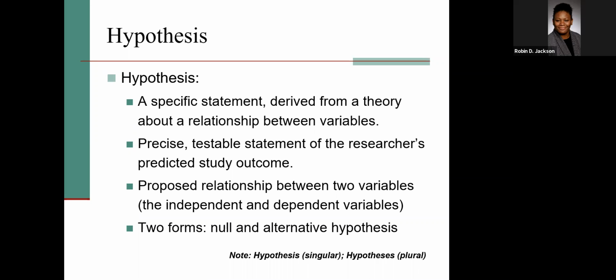Now, before we get into hypothesis testing, I want to make sure you understand hypothesis as well as the different types of hypothesis. So first, let's look at what exactly is a hypothesis. Well, your book defines a hypothesis as a specific statement derived from a theory about a relationship between variables. Okay, that's fair enough. That's essentially what it is.